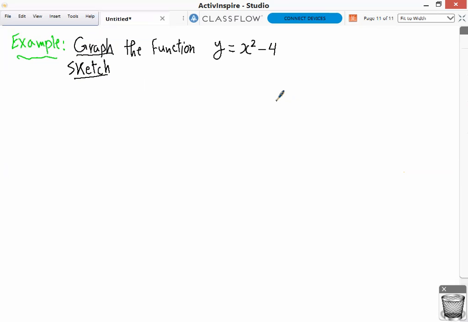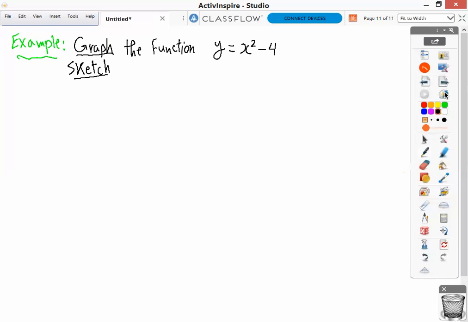You have your steps, make your table, values of x. Just I help you to put your values.